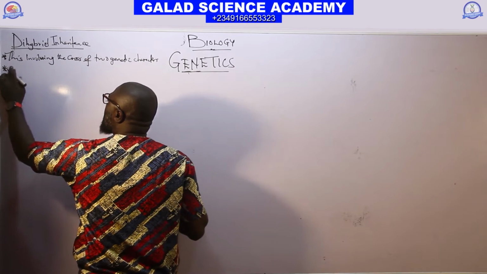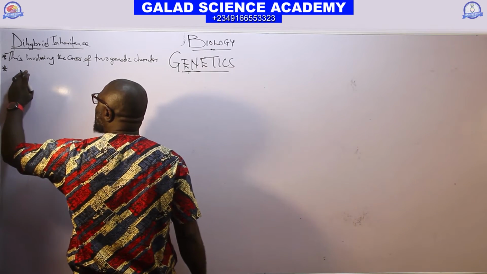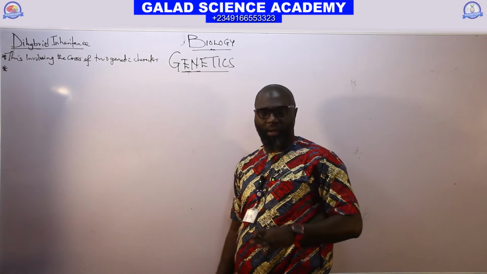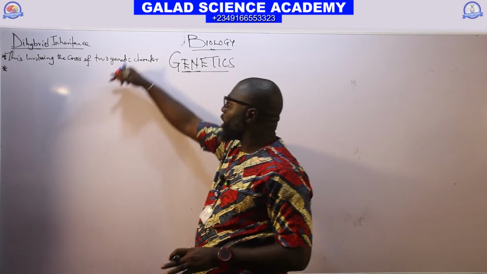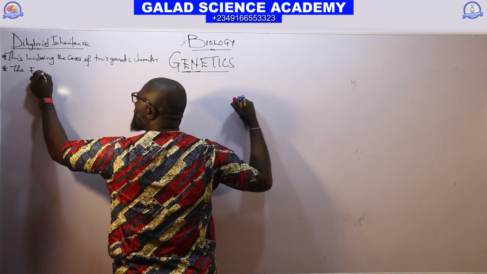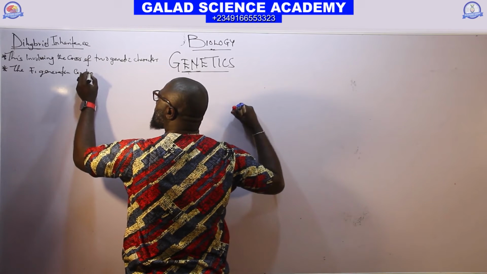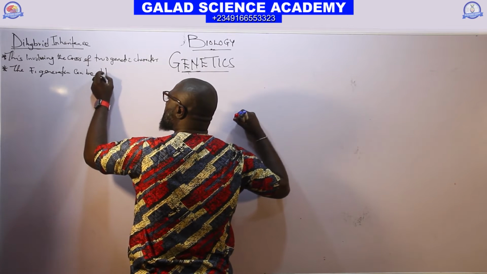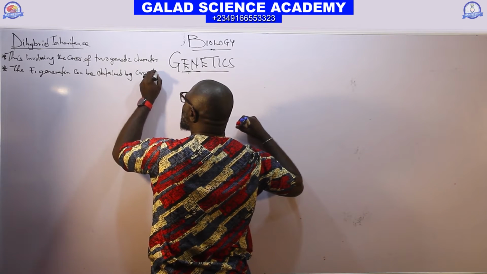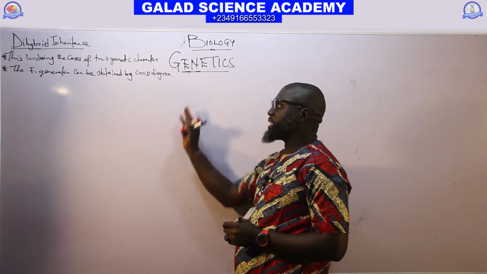So the first filial generation of the dihybrid cross can be obtained by cross diagram. That is, the offspring, the F1 generation, can be obtained by cross diagram.